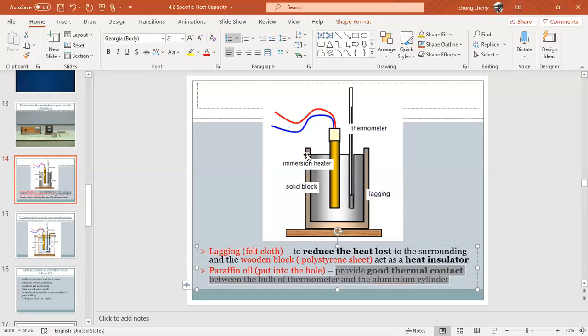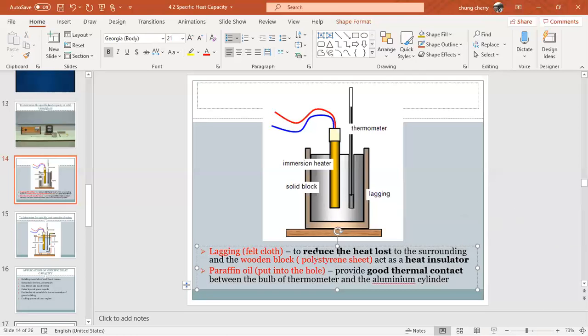The aluminium block will be covered with a cloth, which we call felt cloth, and underneath the aluminium block is the wooden block. The purpose of putting these two is to reduce the heat loss to the surrounding and also act as a heat insulator.